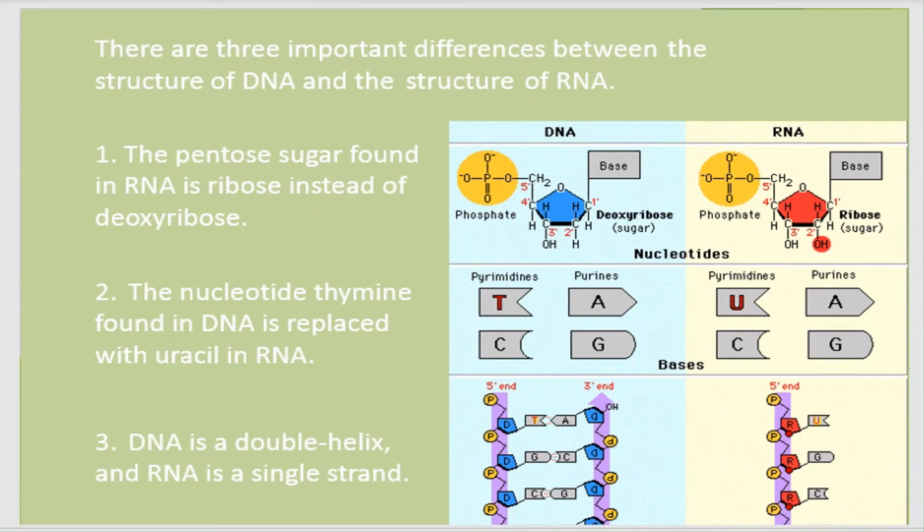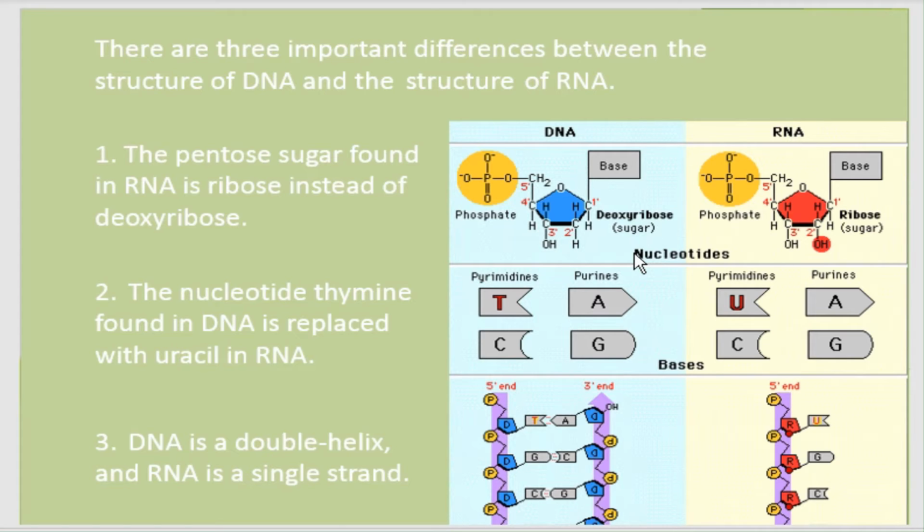There are three important differences between the structure of DNA and the structure of RNA. Number one, the pentose sugar found in RNA is ribose instead of deoxyribose. Number two, the nucleotide thymine found in DNA is replaced with uracil in RNA, so adenine is paired with uracil in RNA.